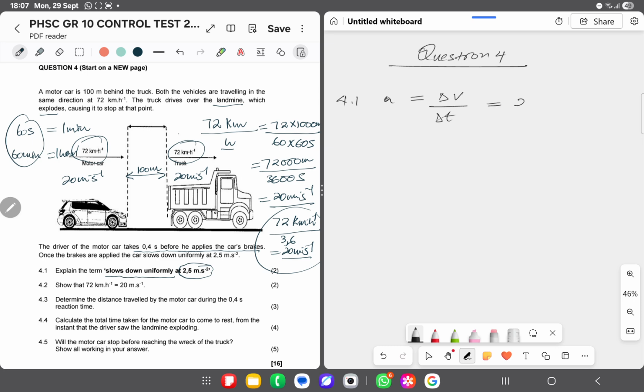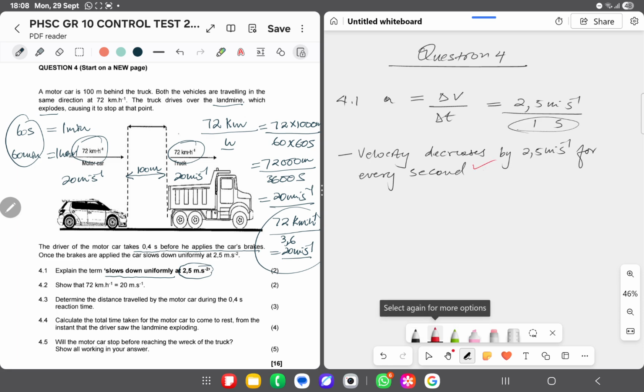So to get that acceleration of 2.5, it simply means the velocity decreases by 2.5 meter per second for every second. So this is the meaning of that, and this is how we're going to answer this question.